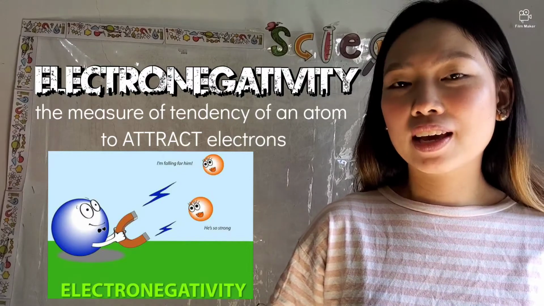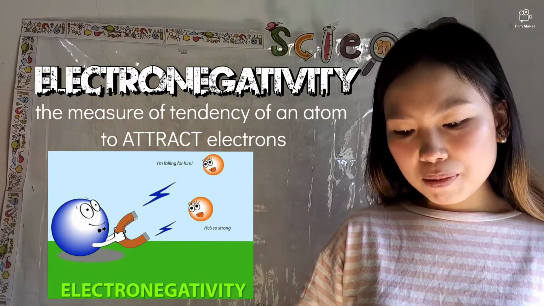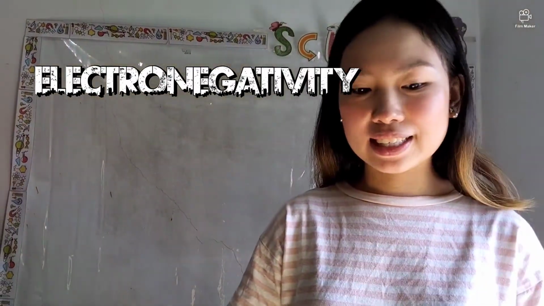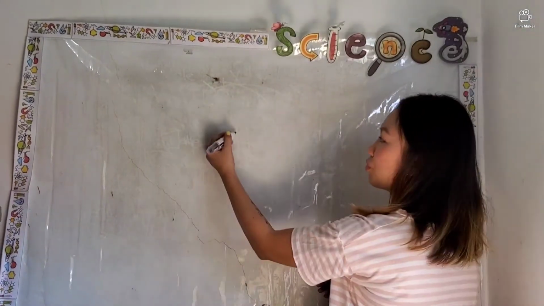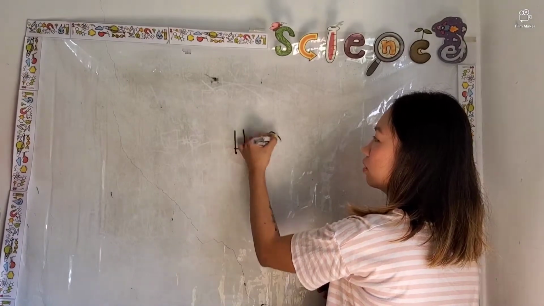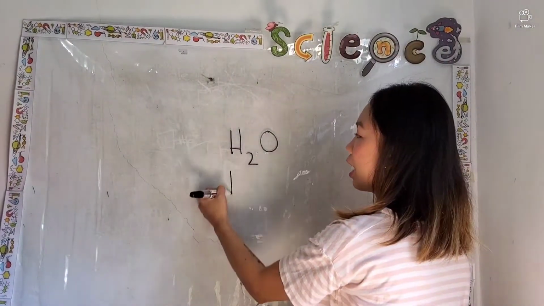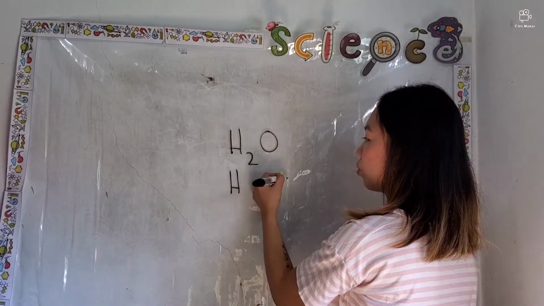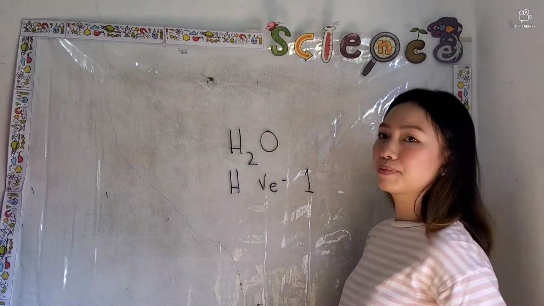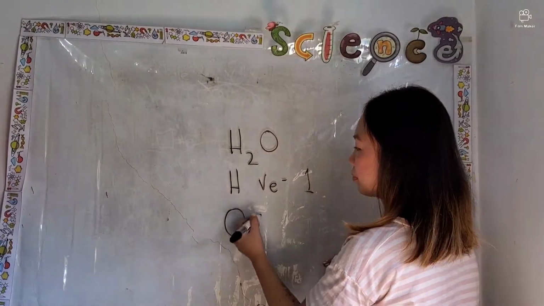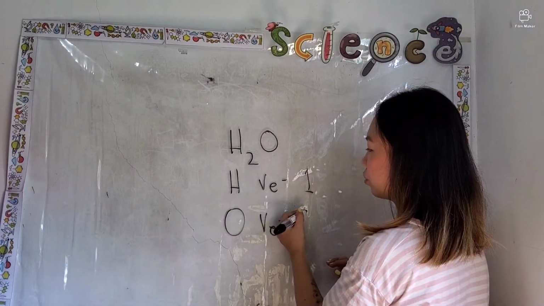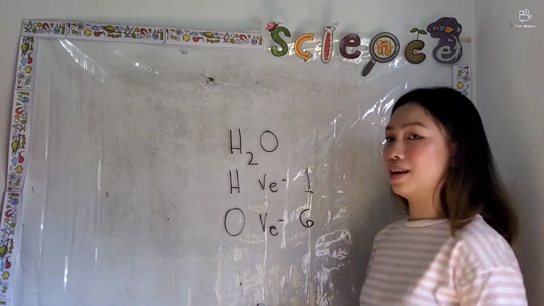Gamitin natin yung example natin last time with the water. So, water is composed of H2O. So, balikan natin si valence electron. Hydrogen has a valence electron of 1 and oxygen has a valence electron of 6.